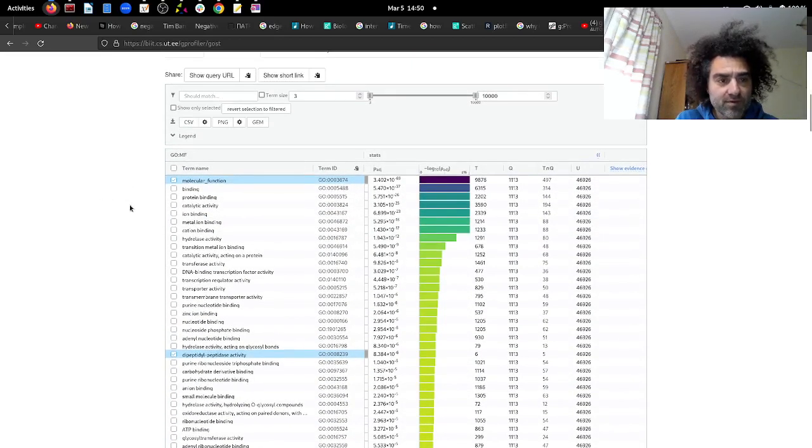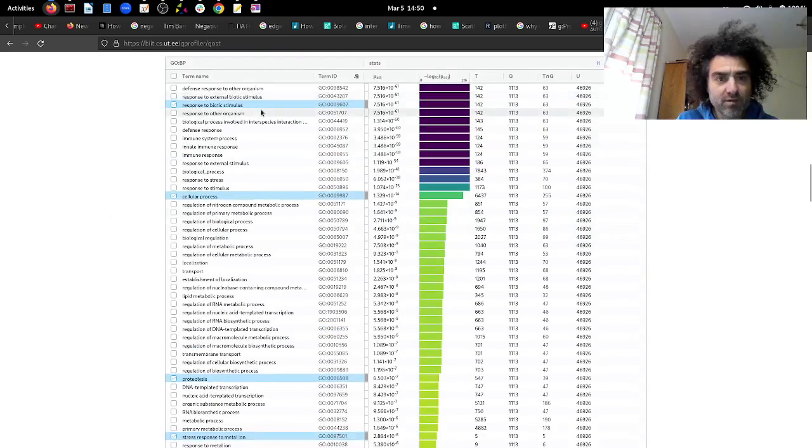So for example, for the term response to biotic stimulus, my query had a size of almost 1,100 genes. So this was my list, and in the total there are 46,000 genes. So the whole C. elegans contains almost 47,000 genes, and my query 1,100 overrepresented genes.